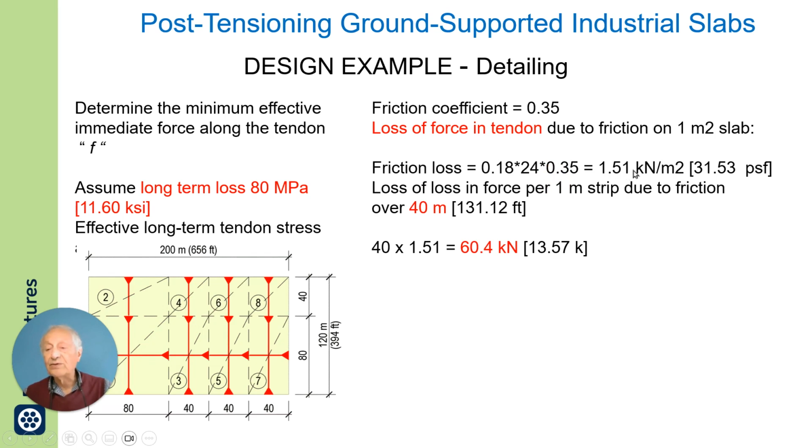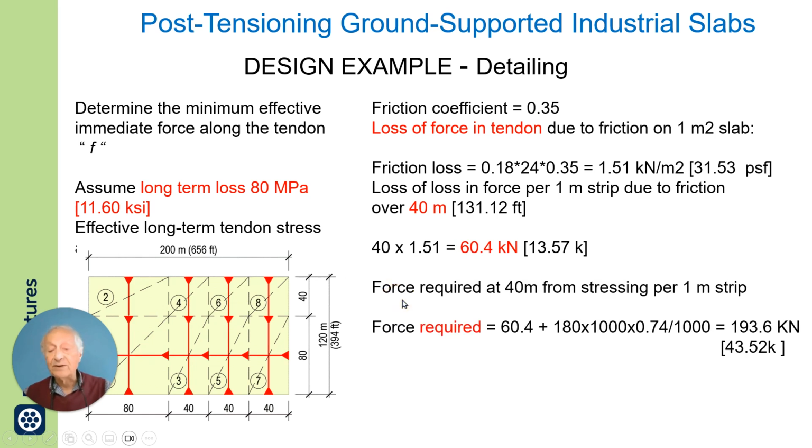So I am going to lose this amount of force per unit area of contact. And the area of contact I have is 40 feet here, or 40 meters, times this value loss per unit area. So at the far end, there is so much loss due to friction between the slab and the ground.